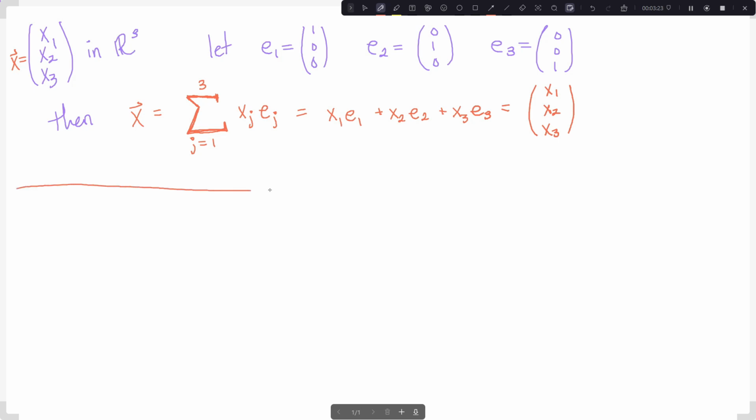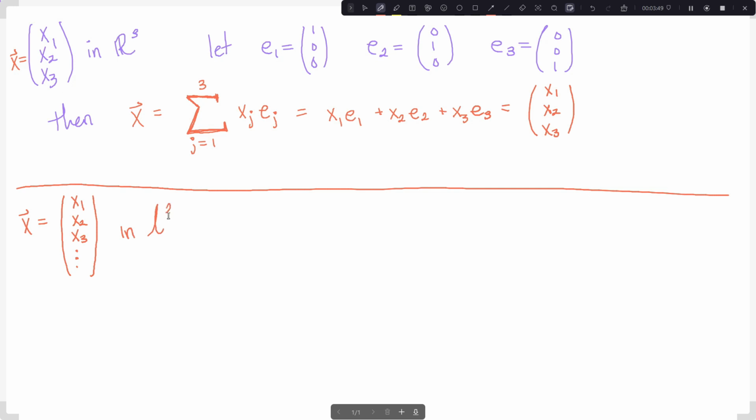Okay, but let's jump ahead to an infinite dimensional setting. Say something like the x vector is now equal to x1, x2, x3, and so on, and just suppose it goes on for infinity. Now I'm going to use little l2 here, little l2 of n.